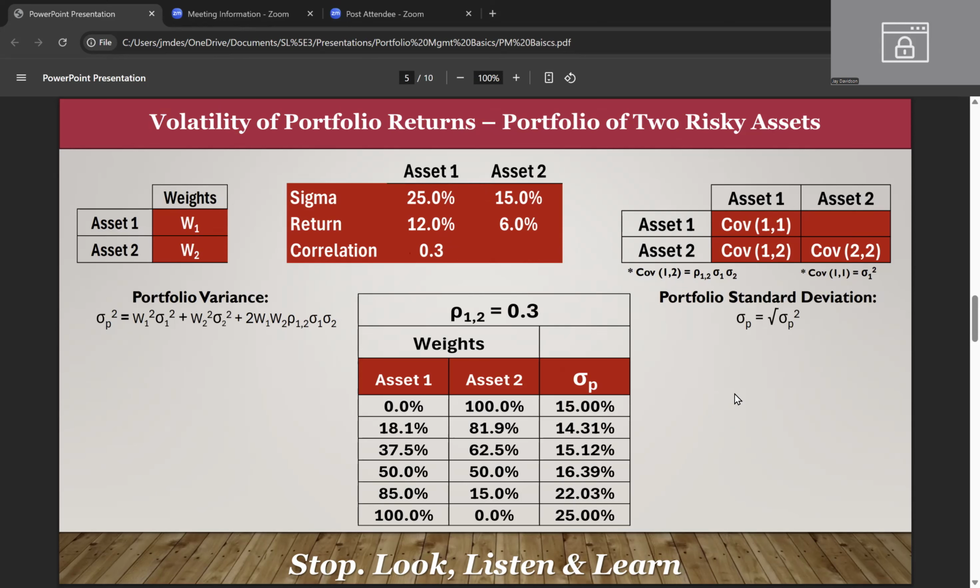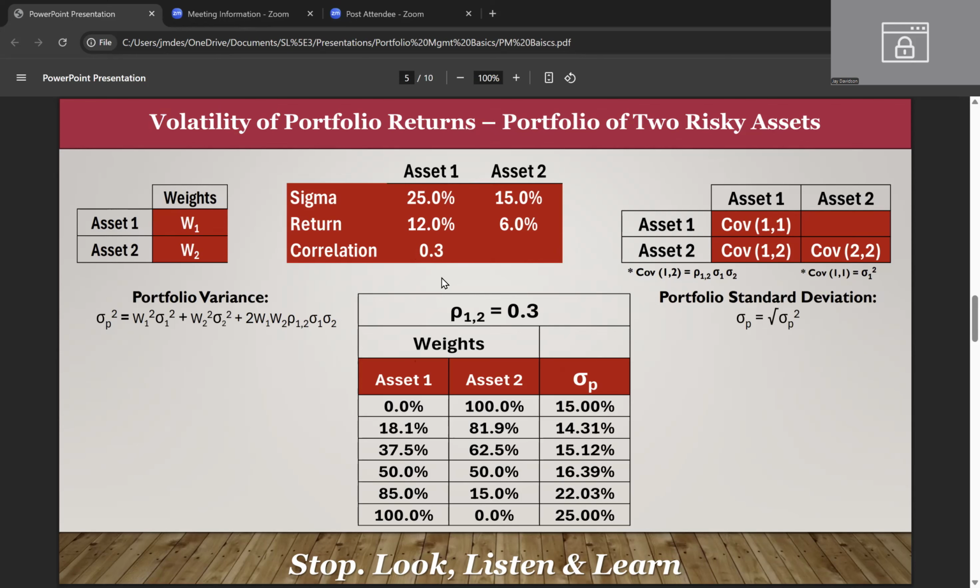But let's now look at a scenario where you invest your resources in both asset one and asset two. Let's take a simple case where you invest 50% in asset one and 50% in asset two. There we saw that your actual return would be 9%.